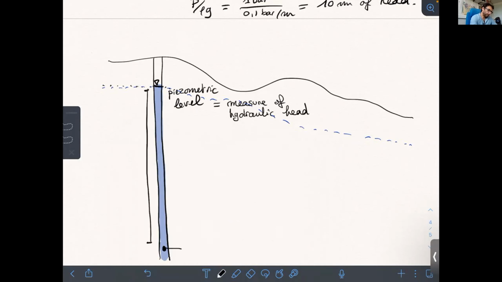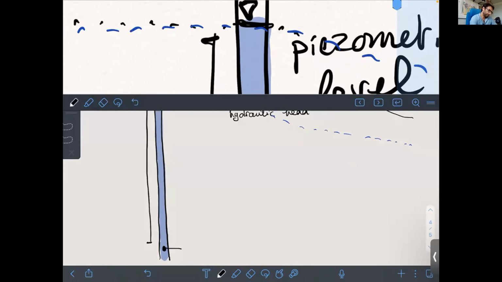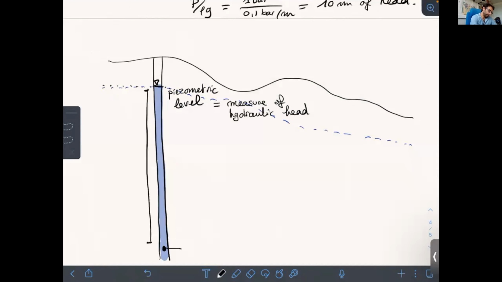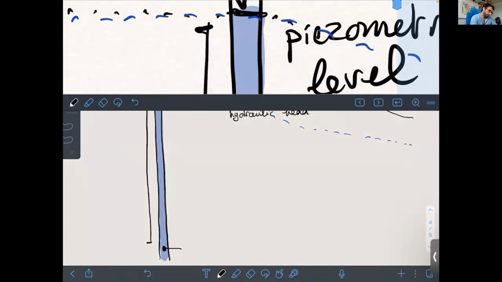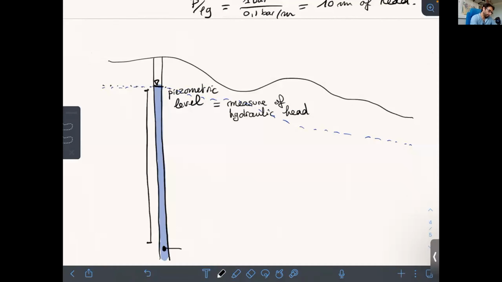And if I measure pressure at this point, closer to the surface, the pressure is not so large because I just have a small amount of water column on top of it. But in these 2 points, the hydraulic head is the same. Okay, because this is given by my measure of hydraulic head, that is the level of water.